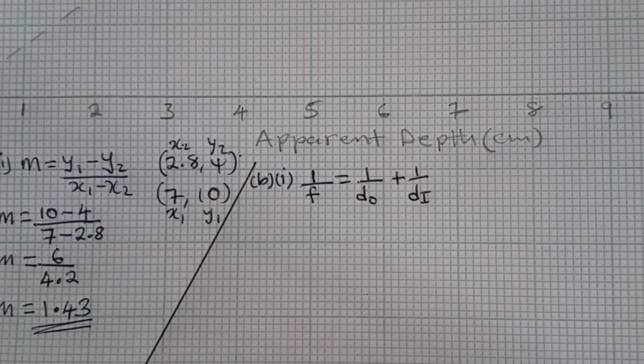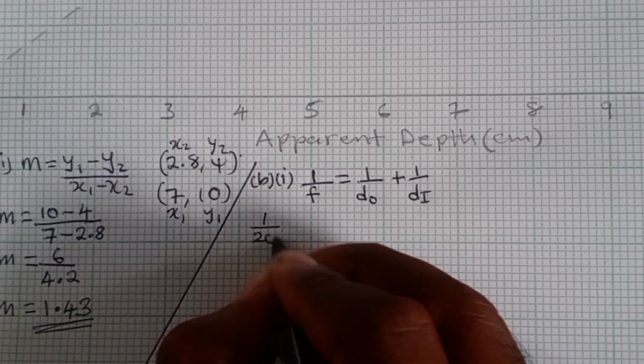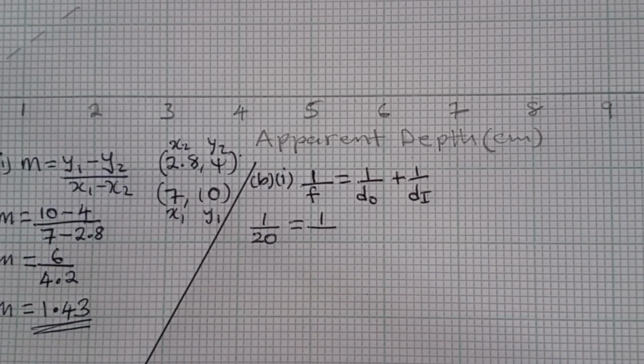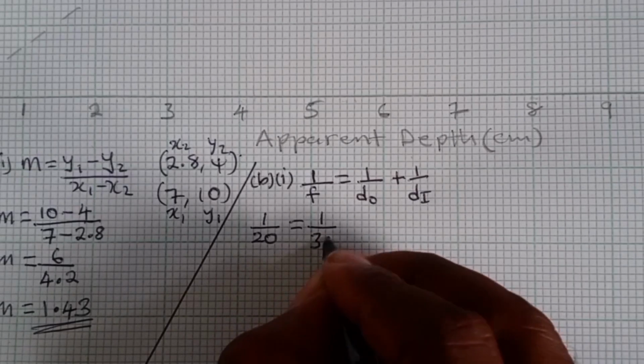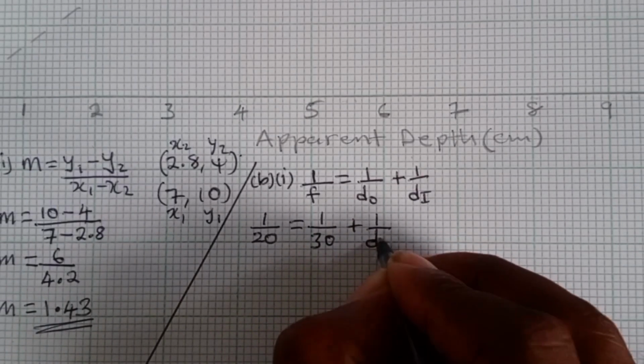We've been given the focal length, which is 20. So I'll say 1 over 20 is equal to 1 over the distance of the object, which is 30, plus 1 over distance of the image.